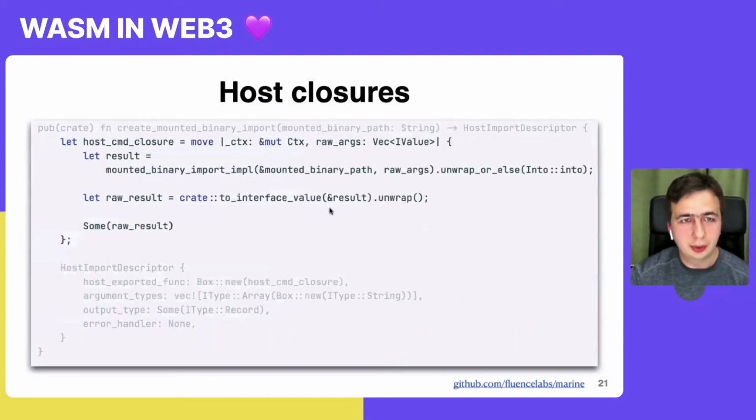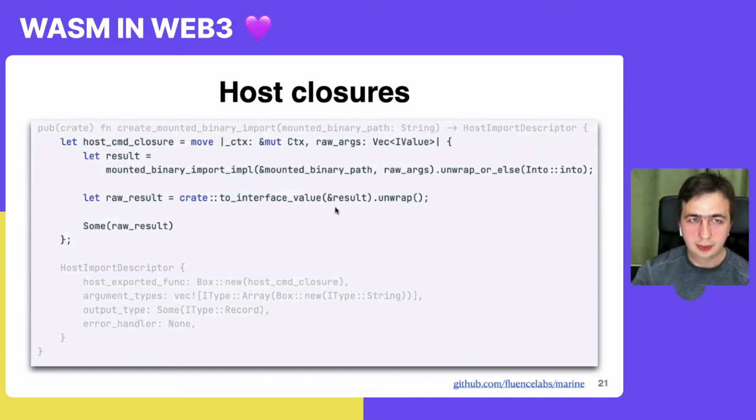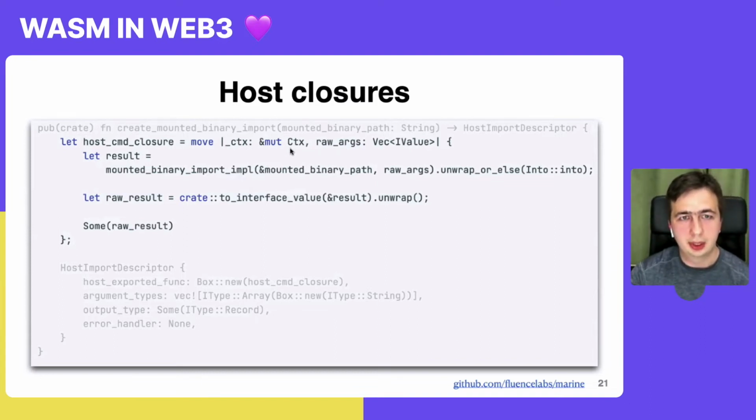And on the slide, you can see how the import for the mounted binary, like an option that each module could be extended with, works. So here is a function that returns this host import descriptor, and inside it there is a closure body. This closure body receives arguments and receives a context that isn't actually used inside this closure.